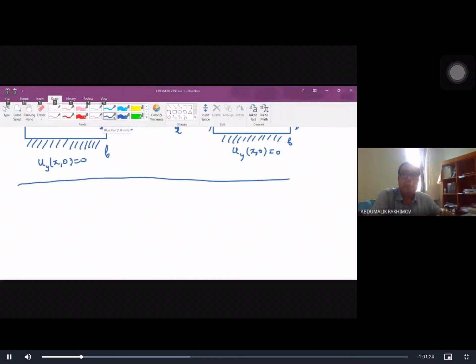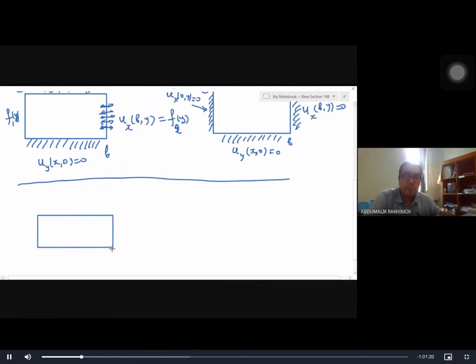Let's say we have here U(0,y) is equal to F1, which is 0, so 3 zero problems, right? Let's say we have no heat flow here: Ux(B,y) is equal to 0.